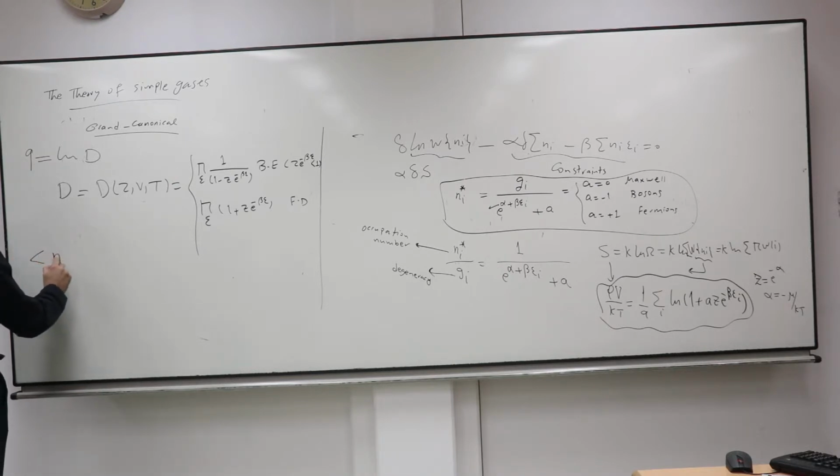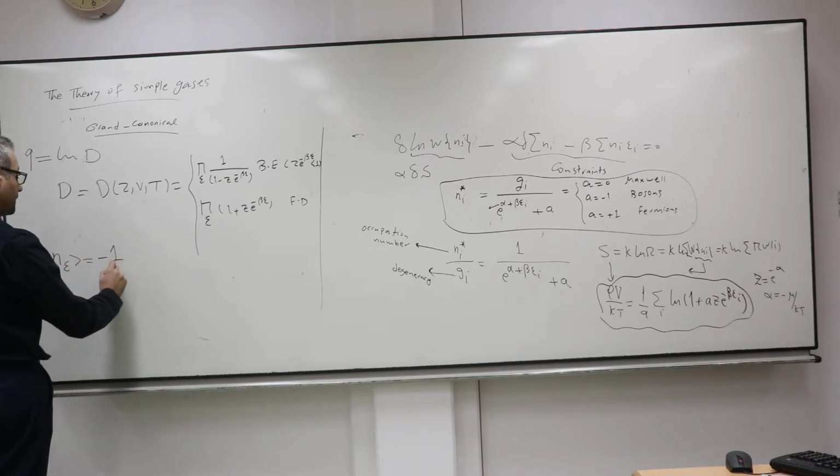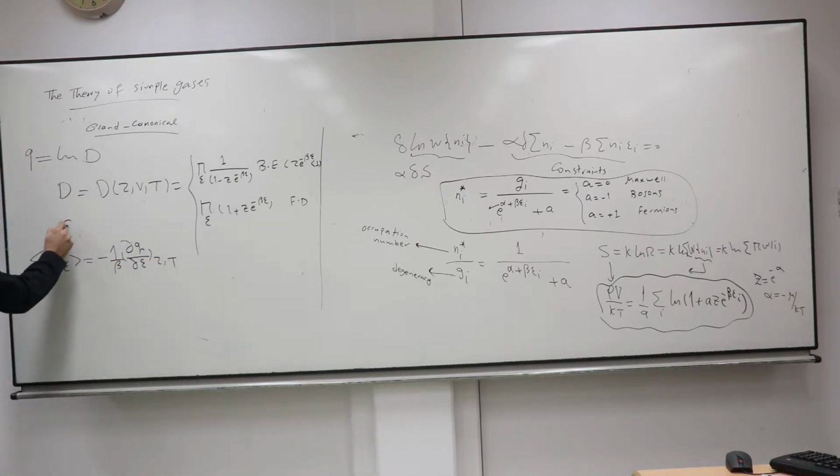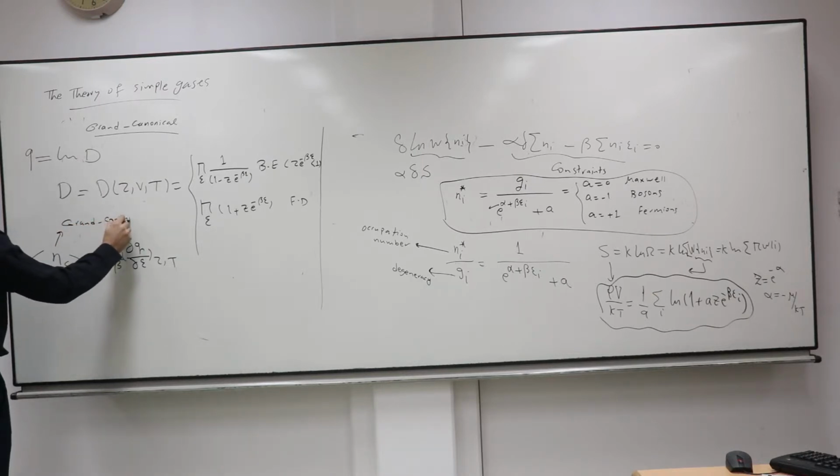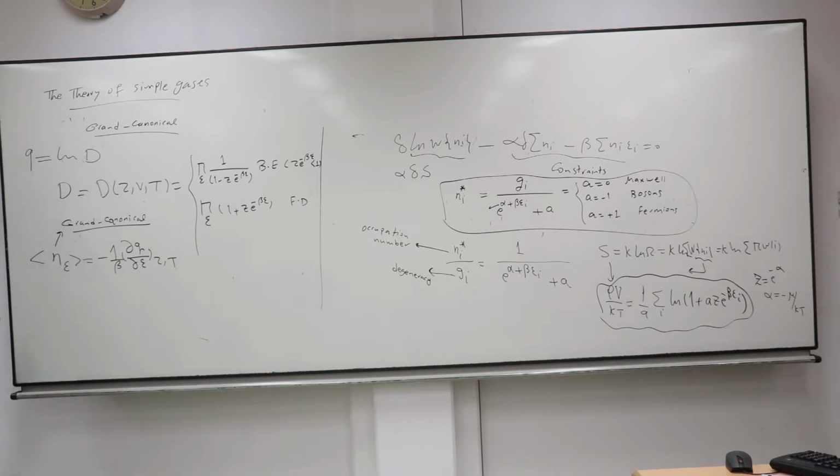Using the partition function, you can calculate the average number of particles. If you go back to the chapter of the grand canonical ensemble, if you give me the grand partition function D, or if you give me Q, just by easy partial derivatives, you can find different parameters like the pressure, like N, like the average of the energy, or something like that.